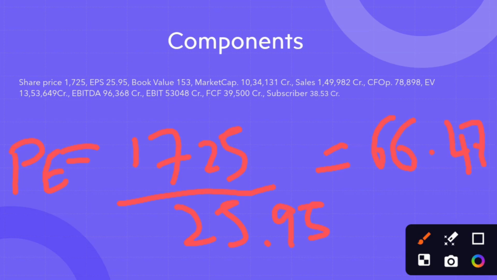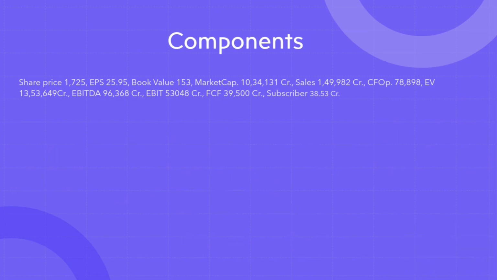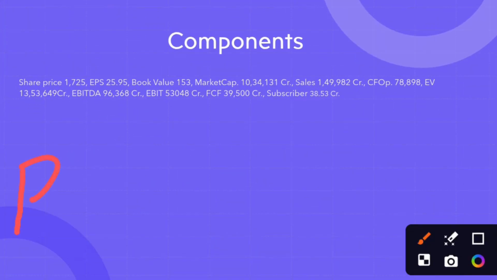But as we discussed, all these relative valuations vary from industry to industry. Next we calculate the PB, which is price to book value. We need the currently traded share value, 1,725 rupees, divided by the book value, 153 rupees.